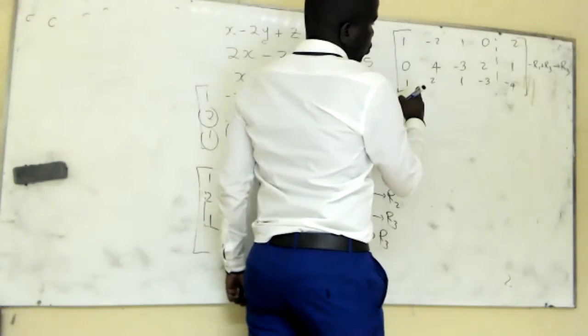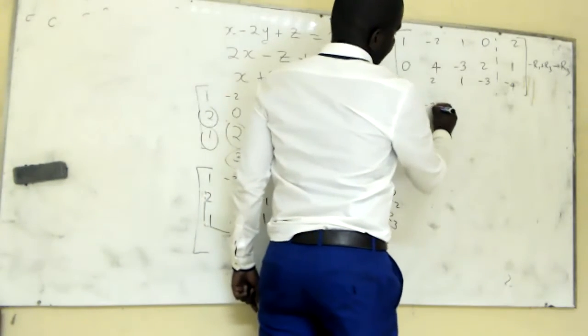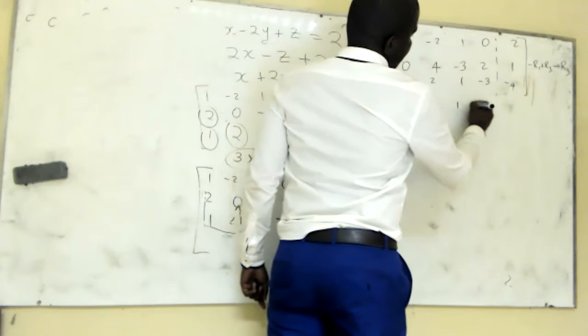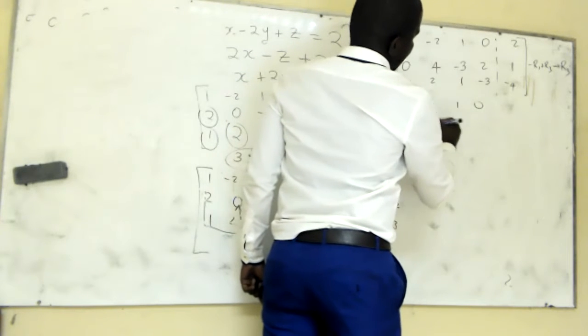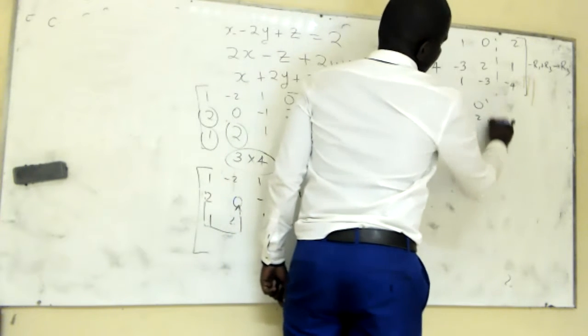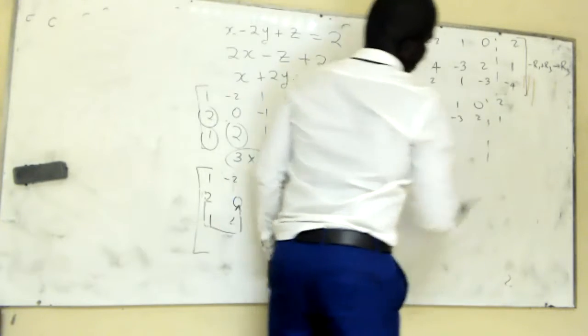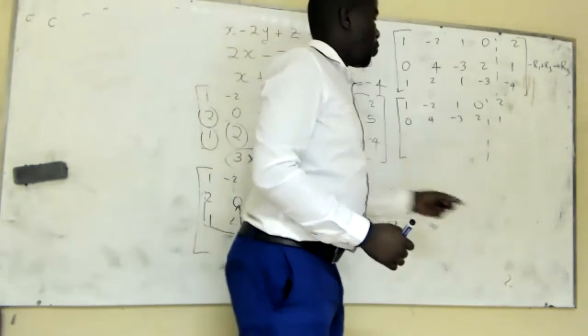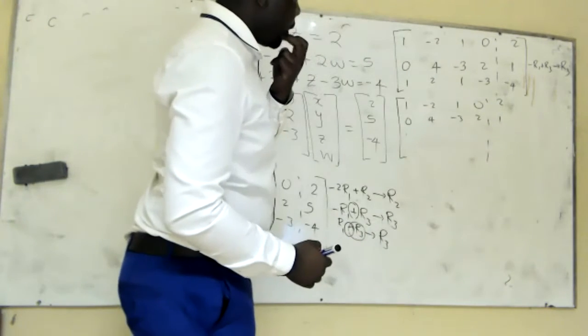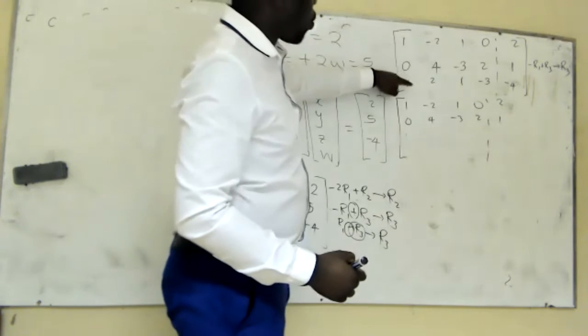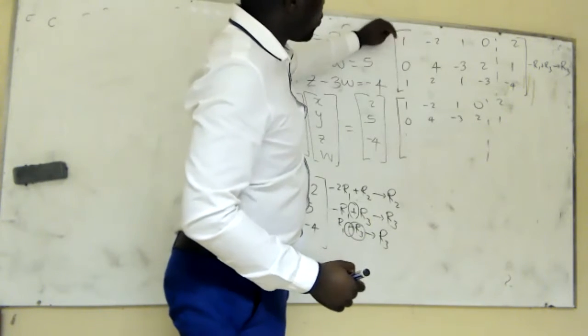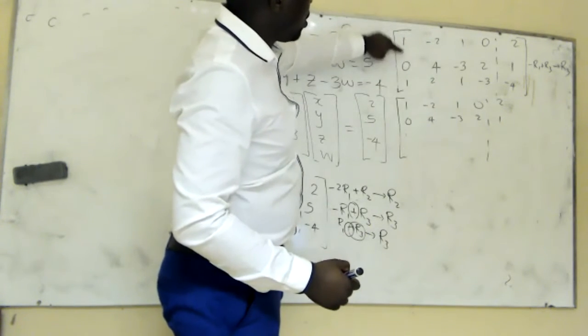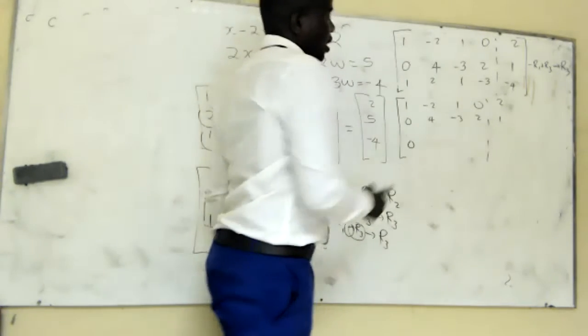So row 1 and row 2, we'll write them as they are. So it's 1, -2, 1, 0, 4, 0, -3, 2, and then 2, 1. So row 3 is the one being transformed here. If we transform row 3 by row 1, we're going to have -1 plus 1, which gives us a 0 that we are looking for.